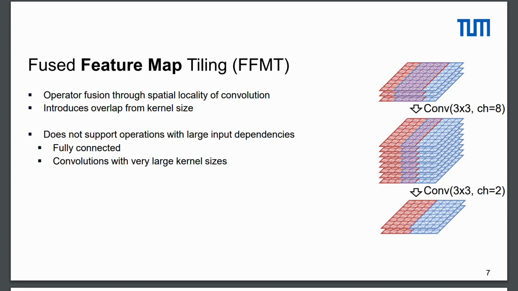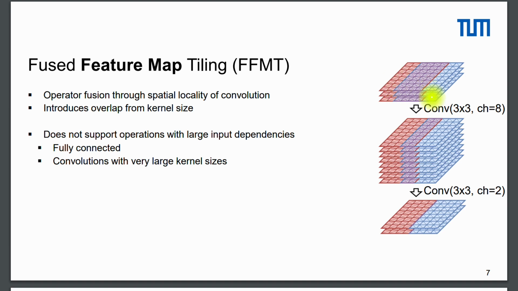Now we can do this fused tiling approach by splitting this intermediate buffer and then computing one tile, one partition first, with the fused approach, because the convolution has this spatial locality property that these outputs, the red ones on the left, only need the left inputs and so on, and this can be stacked.